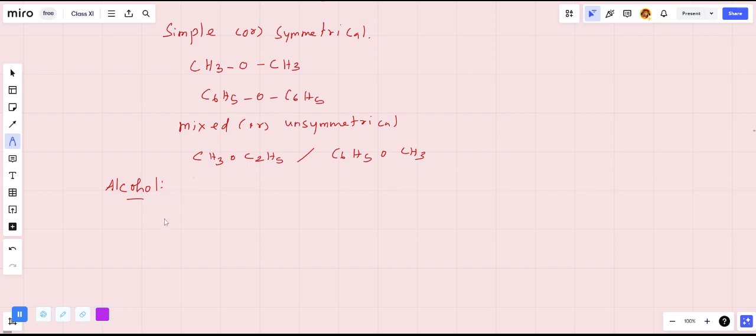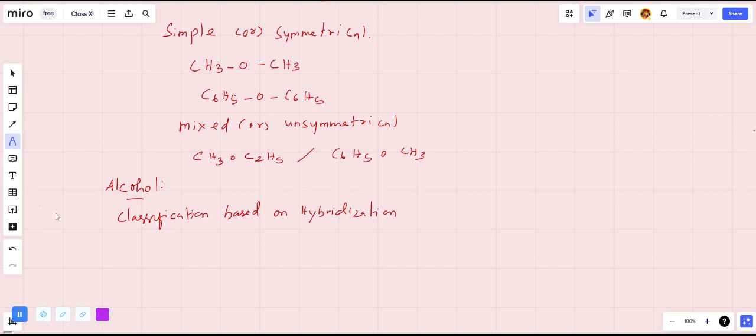This alcohol may be further classified according to hybridization. Classification based on hybridization.